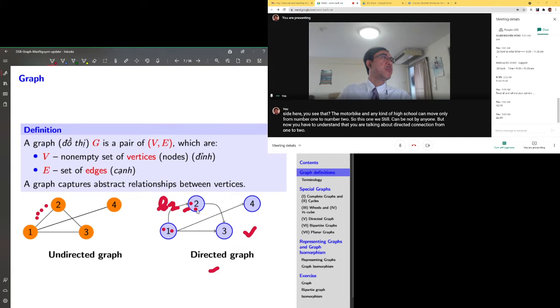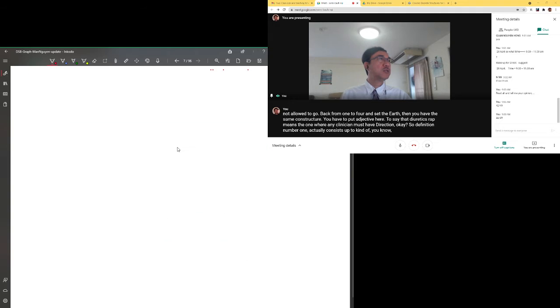Okay, and if every connection on the second graph has a direction, say 1 going to 4 only, not allowed to go back from 4 to 1, and so on, then you have the second structure. You have to put the adjective here to say that a directed graph means one where every connection must have a direction. Okay, so definition number 1 actually consists of 2 kinds, almost the same, but not fully the same.